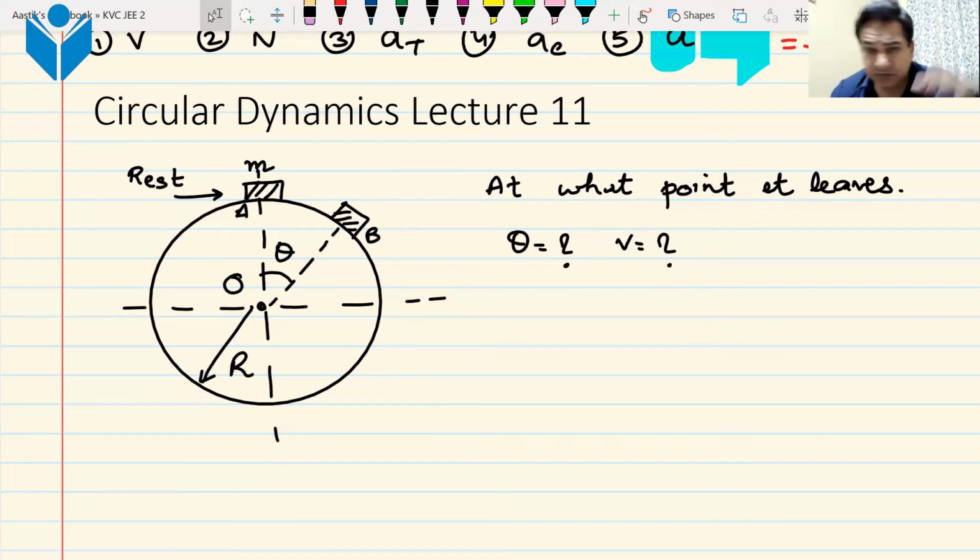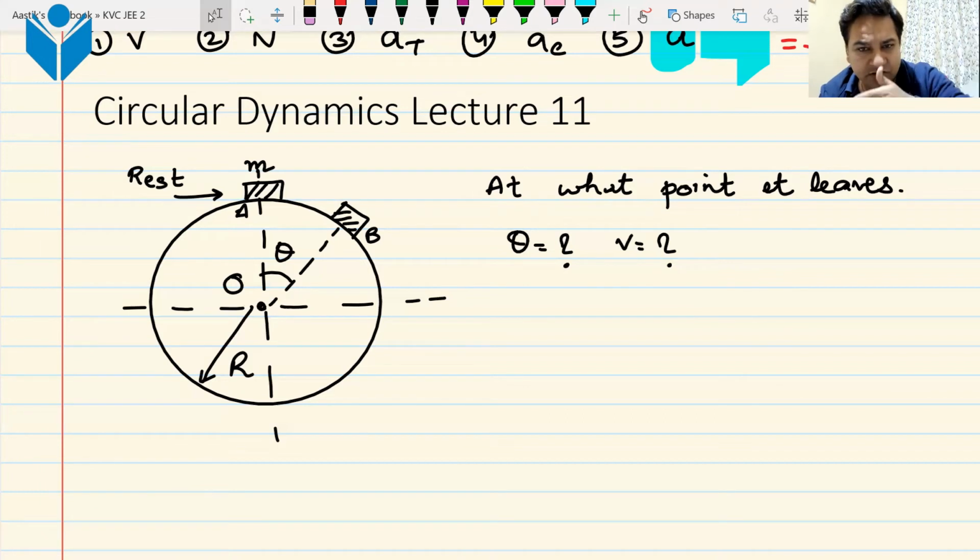Leaving this circular track is the same as imagine that you are on a bike or a cycle and you are trying to turn your cycle on this circular track. If your speed is very fast, will you be able to make that turn? Yes or no? We have seen that. If you want to turn on a circular track, the maximum possible speed. Can you even tell me what was the maximum possible speed?